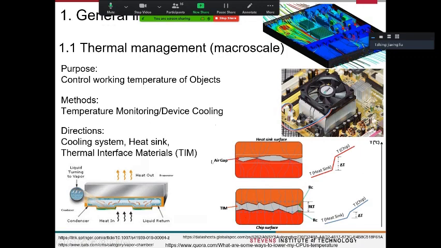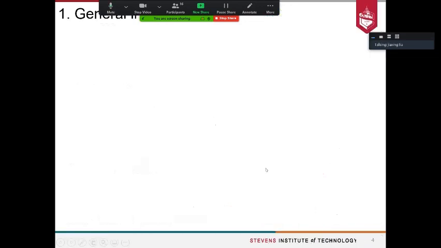We all know that air is a poor conductive material, so there tends to be a high difference between the heat sink and the chip, which will lead to heat failures in bad scenarios. But with the TIM, you can see here, the temperature difference is lower because of the high conductivity compared with air. And this is the topic of my project.